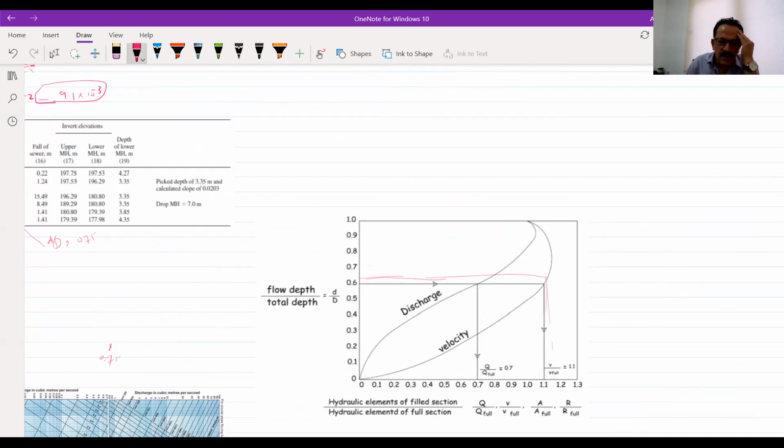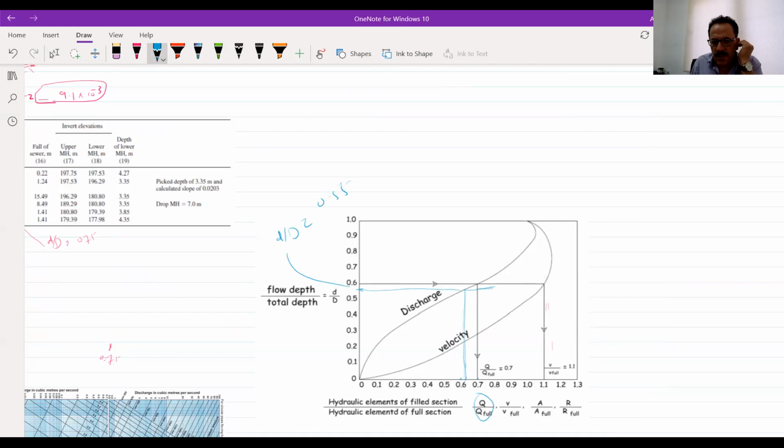Oh, I made a mistake. Here's the mistake: the q over Q here is 0.63, not 0.67. So d over D will be about 0.55.